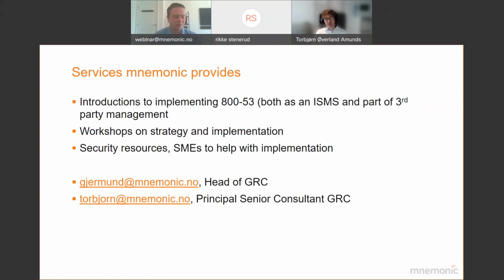I think for the future there will be more focus on the OT, but I would say that 853 covers the basics of a lot of things anyway. So it's sort of like finding, okay, what's the basic that applies for OT as well, and then looking at what kind of extra requirements or extra controls we should implement in the OT environment.